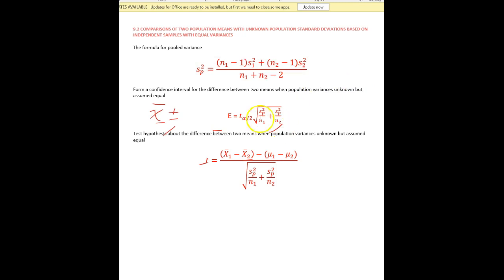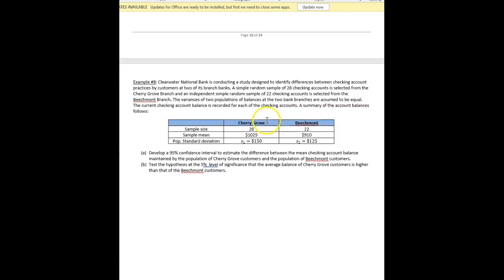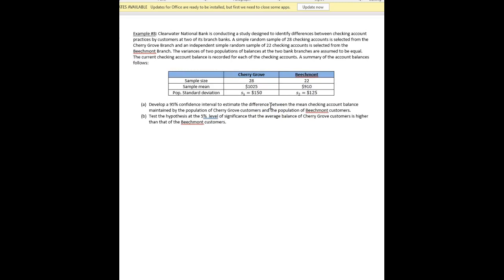We have a very similar formula for the confidence interval and a very similar t statistic formula. And again, all these formulas and more examples can be found on the slides, but we're just going to be brief here because you're not really being quizzed on this. I just want you to have a knowledge base such that you can kind of guide yourself through completing the project and whatnot.